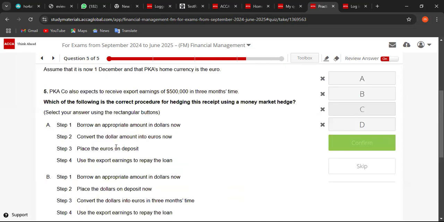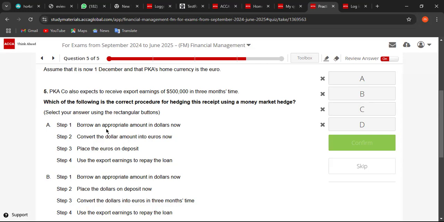Now, PK company expects to receive exports earnings of 500,000 in 3 months' time. So select your answers using rectangular buttons. Okay. The examiner is asking which of the following is the correct procedure for hedging the money market receipts. I told you people, first of all, borrow the foreign currency using the borrowing rate. In this question, the dollar was the foreign currency.